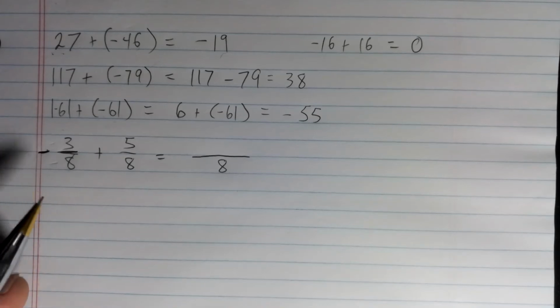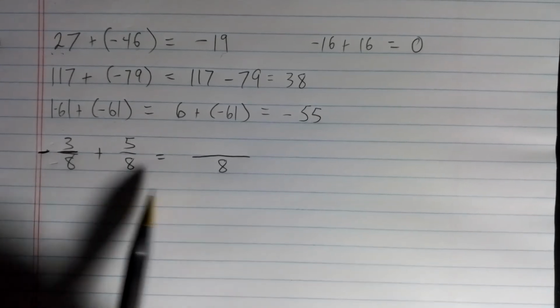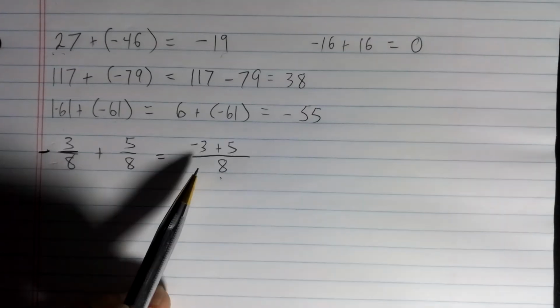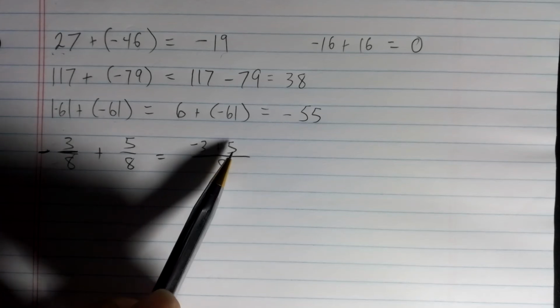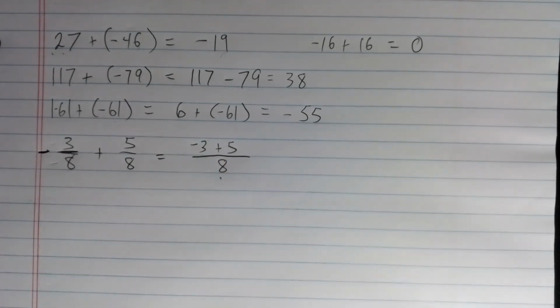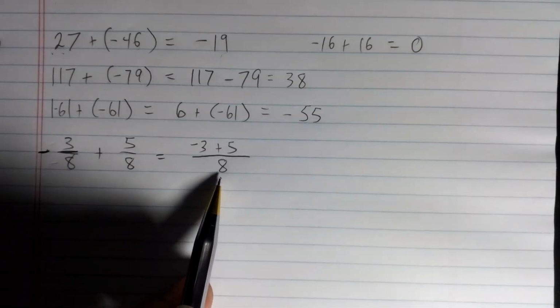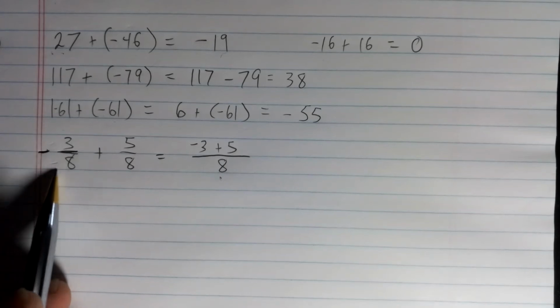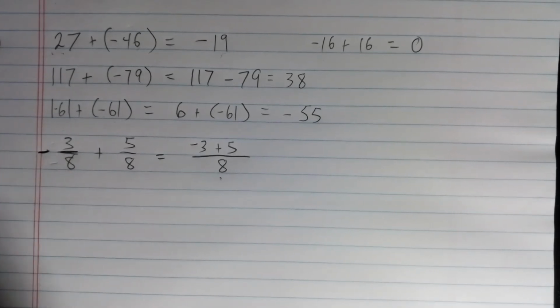Now I don't have to worry about anything with the denominator because they're both the same, so I know I'm going to have an 8 on the bottom here. But on the top, this is now going to be a negative 3 plus a 5, which is weird after everything I just went through with the sign. But because those denominators were the same and I combined the 8, I didn't want to deal with the negative sign on the bottom, so now I put it back on the top.